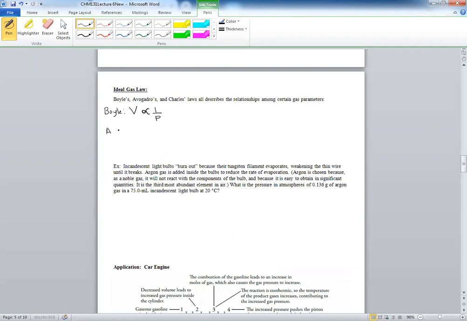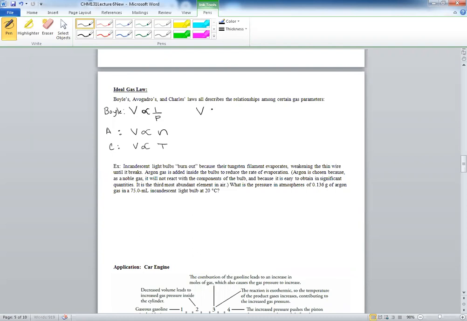Avogadro, we're just going to call it A, is that volume is proportional to the number of moles. And Charles' law, we'll just call it C, volume is proportional to the temperature. If you put all of these together, you make this relationship.